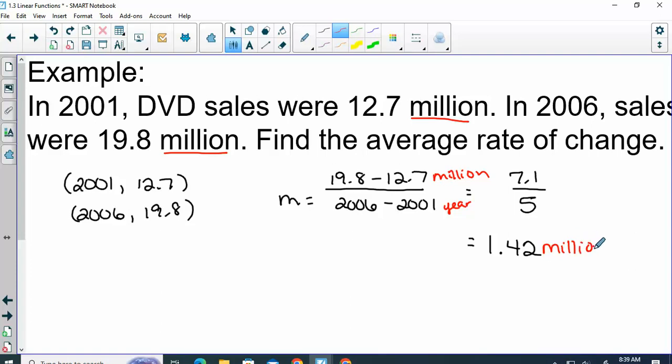Yeah, I mean, you could say it would go up 71 million in 50 years, or we could say 1.42 million per year. So a couple different ways of writing it, depending on if you kept it in a fraction or a decimal.